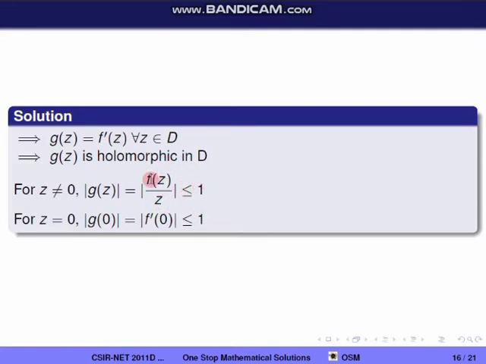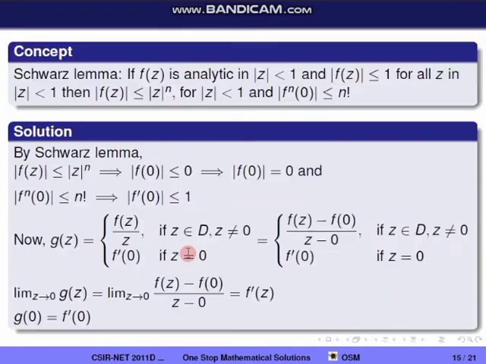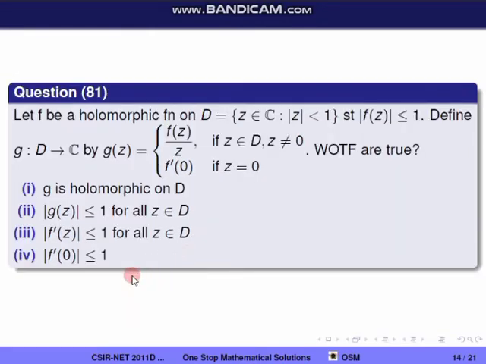So finally we will get |g(z)| ≤ 1. And for z = 0, |g(0)| = |f'(0)|, and we already got by Schwarz lemma this is less than or equal to 1. Therefore for any z in D, |g(z)| ≤ 1. So now we'll check the correct options. So the correct options are 1, 2 and 4.